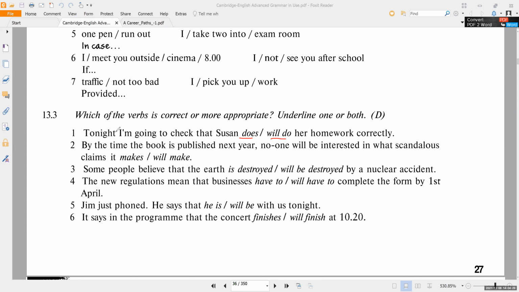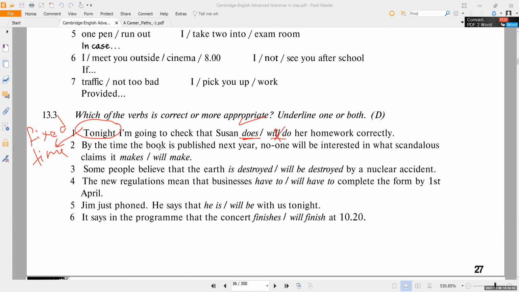With "tonight" it is a fixed time. "I'm going to check that Susan does her homework correctly." So "does" is the correct answer.